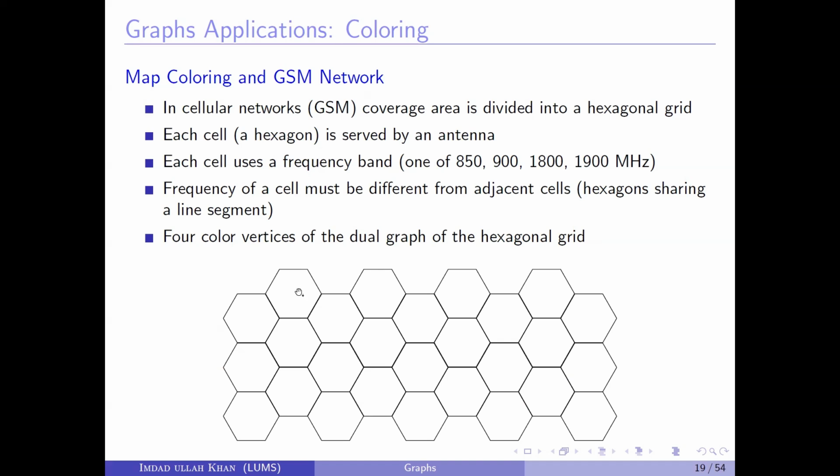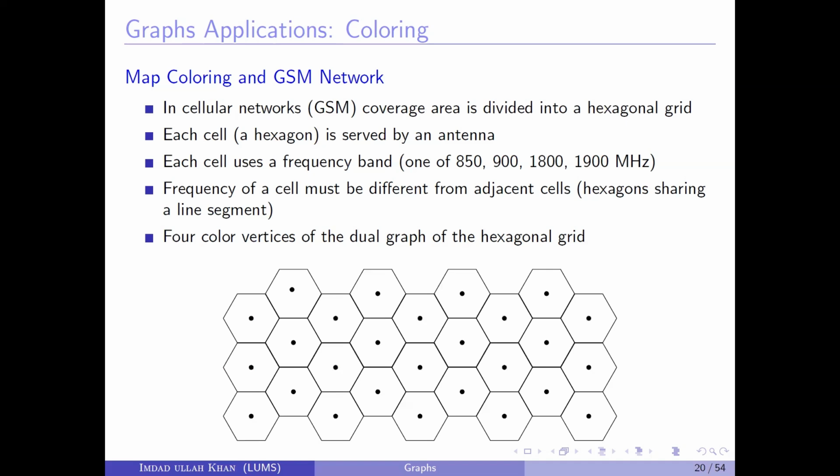Each adjacent hexagon or region should have a different frequency. Our task is to figure out the minimum number of different frequencies we need to have in our pool such that we don't end up with conflicting frequencies.